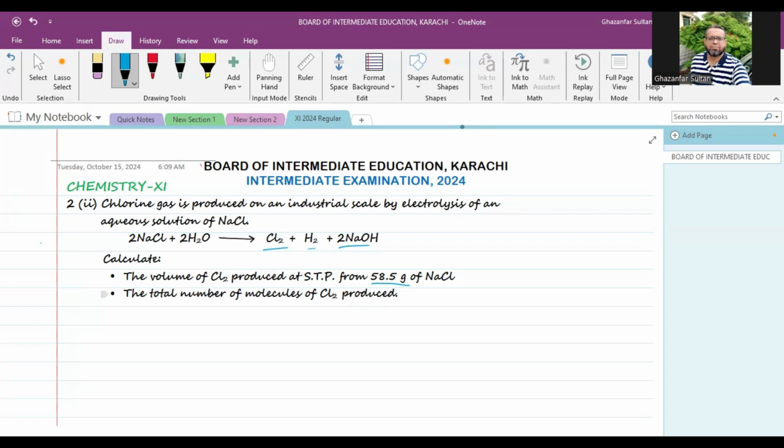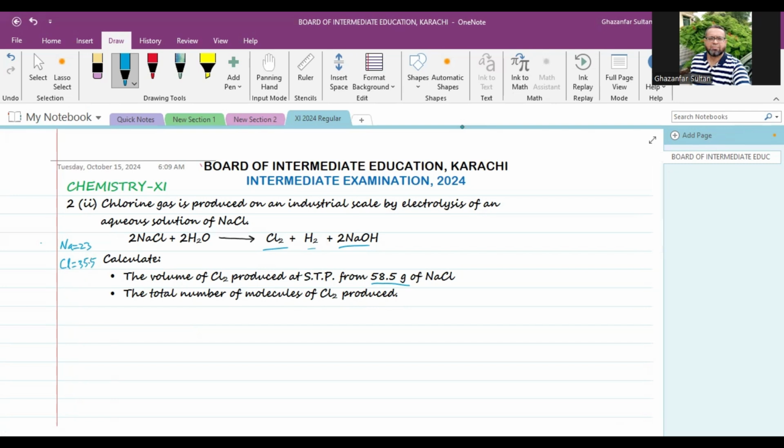So in all these stoichiometric calculations, you need atomic masses. The atomic mass of sodium is 23. It is given in the paper. Atomic mass of chlorine is 35.5. So remember that these all are given in the question paper.